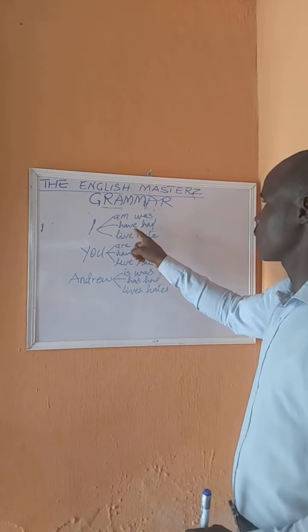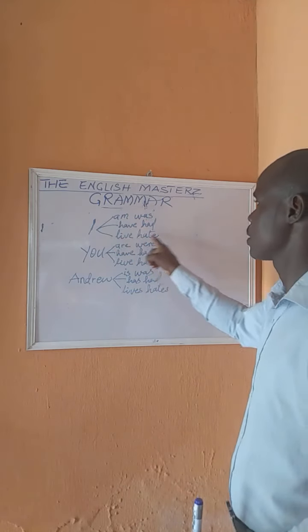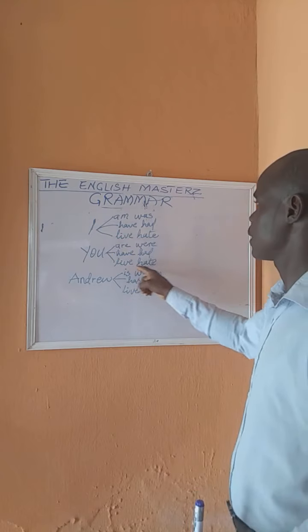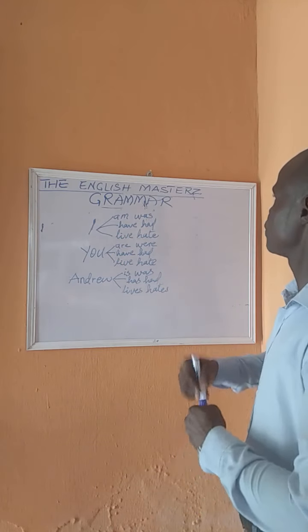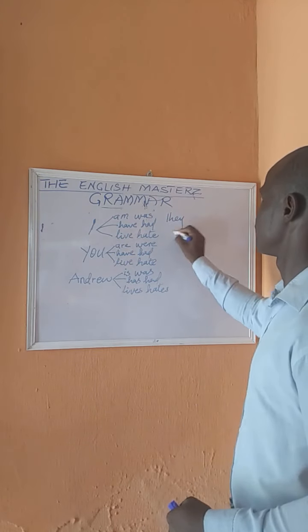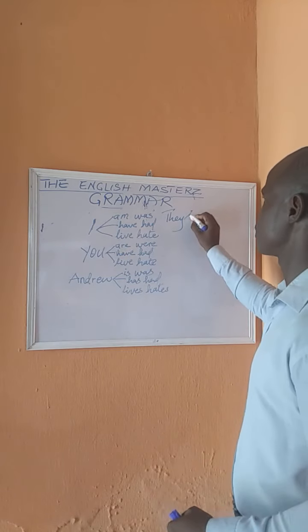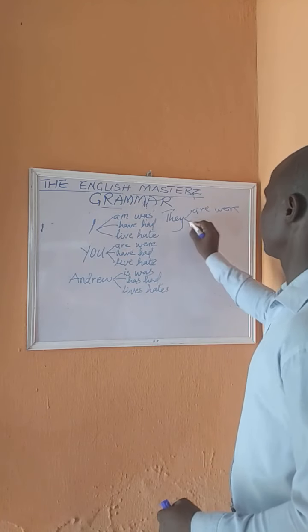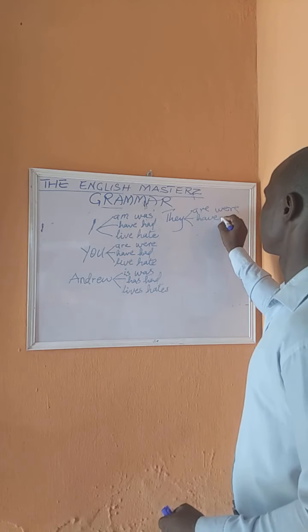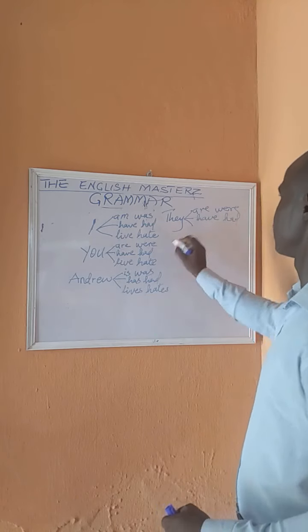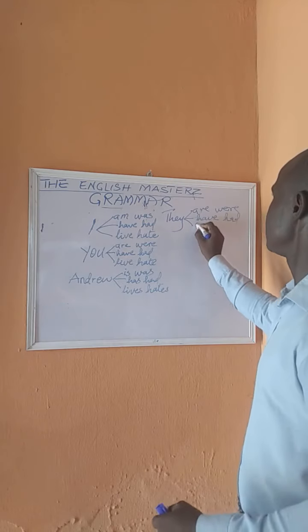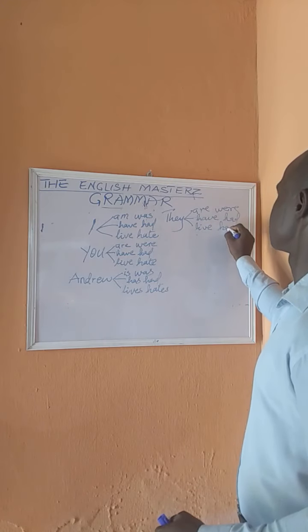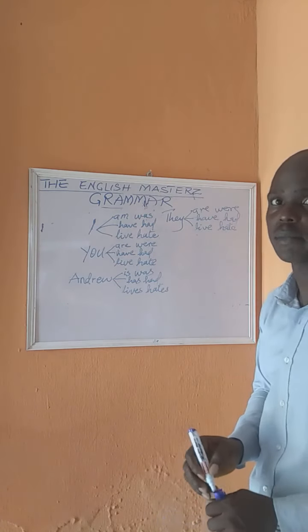But if you check, you find that from here, they're the same. Now, if we use they, you will find similarities such as are, were, okay, have, had, which goes for all of them, then leave and hate. Please take note of that, please.